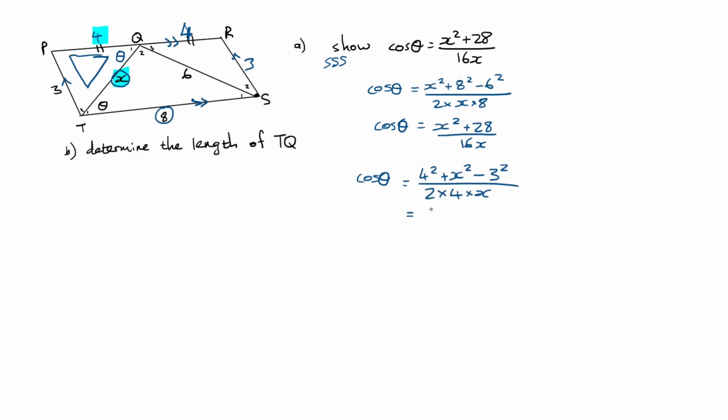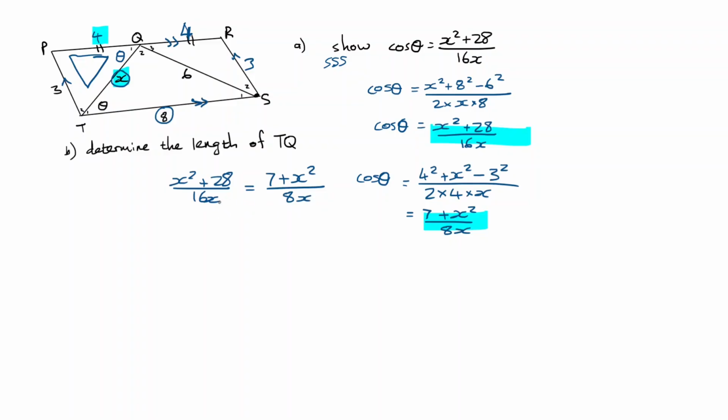And that gives me 16 minus 9, which is 7, plus x squared, over 8x. I've got cos theta equals this, and I've got cos theta equals this. So I can do a simultaneous equation. It must mean that the first option of cos theta is equal to the second option of cos theta.